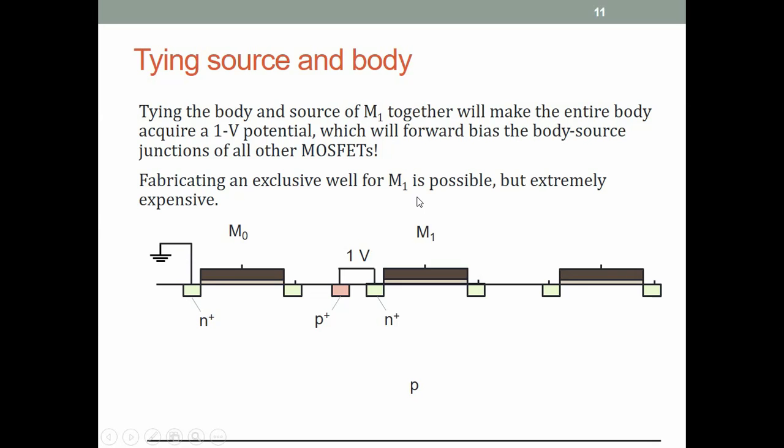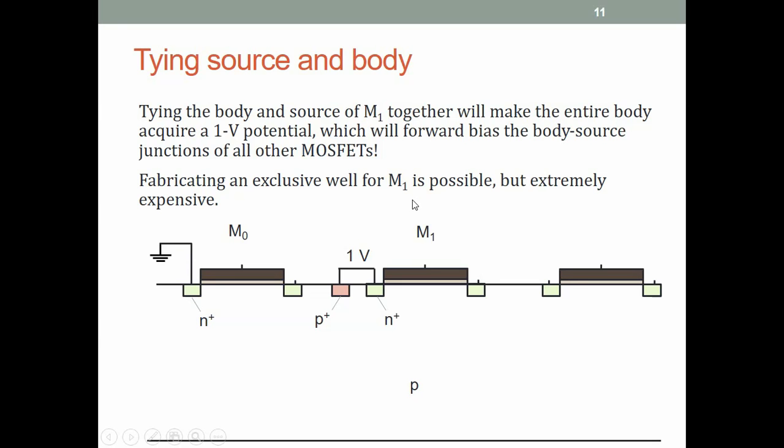Chip area is very expensive. And so if one MOSFET occupies a very large chip area, then the cost of the circuit goes up. And therefore, this is done only if there is justification for having one MOSFET occupy such a large area.